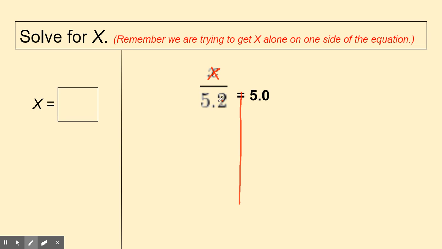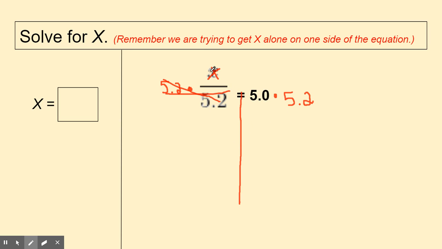We're dividing by 5.2. So what would be the opposite of dividing by 5.2? The opposite of dividing by 5.2 would be to multiply by 5.2. That's our multiplication symbol. And what we do to that side of the equation, we also have to do to the left side. So we're going to multiply both sides by 5.2.